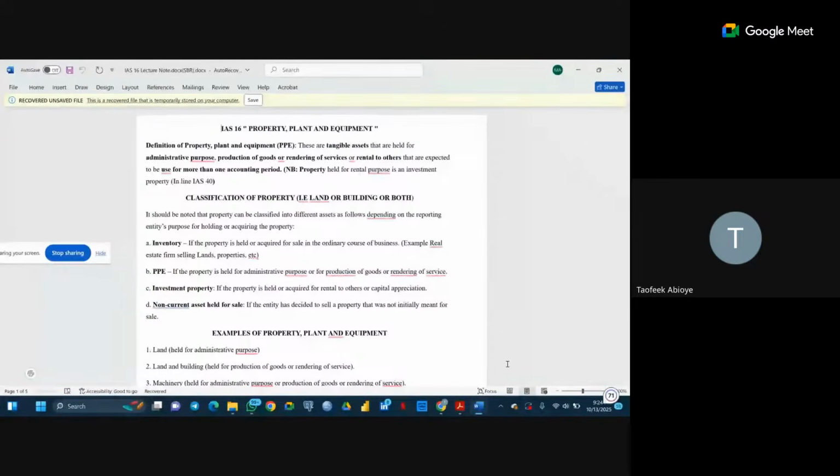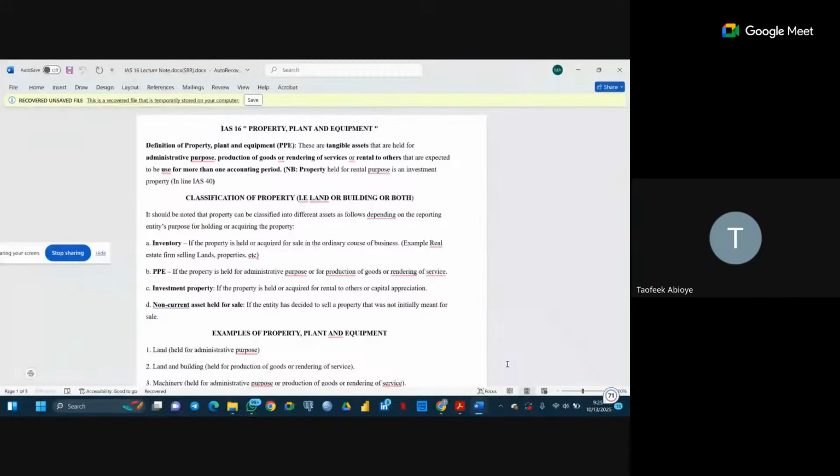Under this, it will be treated in line with IAS 2, and it's going to be a current asset, because that will be what they transact on the day-to-day activities. So we have some industry lines where what they transact also falls under the category of property, plant, and equipment, and we gave an example of a real estate company.